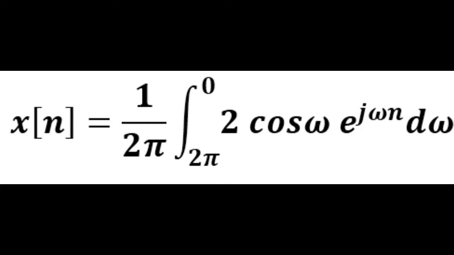For its inverse, we can use the same answer and convert it back to the previous equation, which is 2 cos ω. When the 2 cos ω is put into the inverse formula, it becomes 1 over 2π times the integration from 0 to 2π of 2 cos ω times e to the power of jωn with respect to dω.